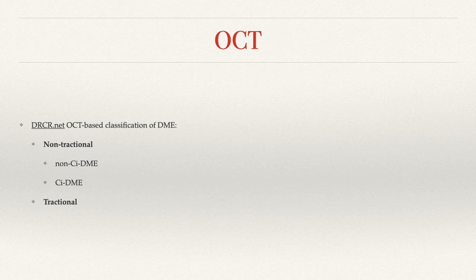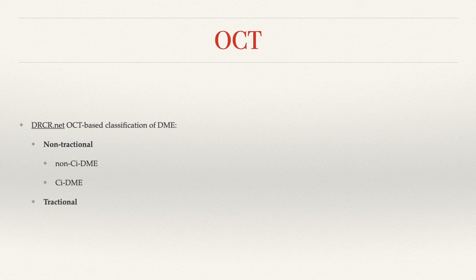More recently, in the current era of anti-VEGF therapy, the DRCR network classified diabetic macular edema into non-tractional and tractional forms. The non-tractional form is then categorized into non-center involving and center involving diabetic macular edema.